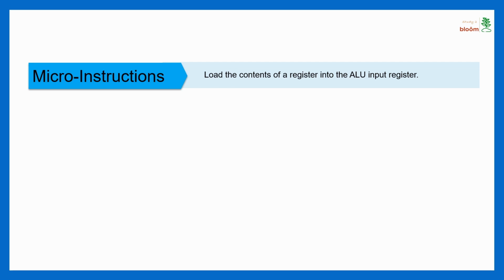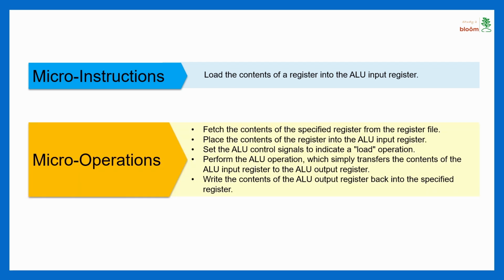Here is an example of a micro instruction. Load the contents of a register into the ALU input register. It's a micro instruction. Micro operations explain the sequence of executing the micro instruction. For example, fetch the content of the specified register from the register file, place the content of the register into the ALU input register.